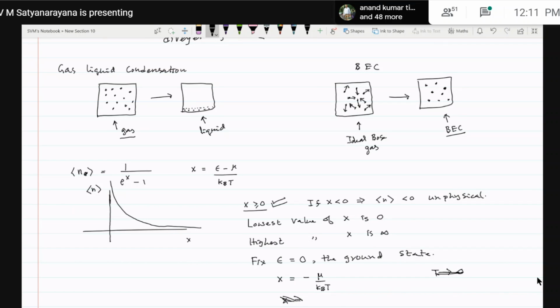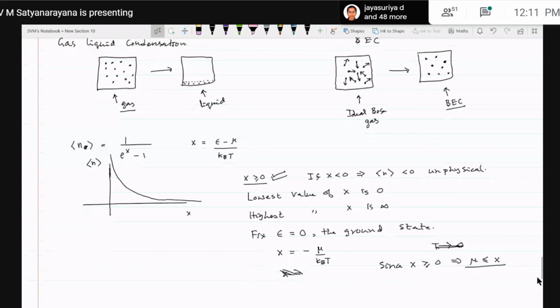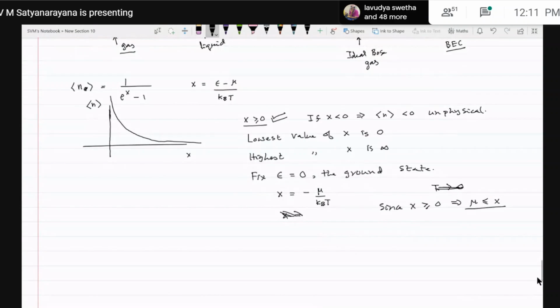Because x has to be greater than or equal to 0, this implies mu has to be less than or equal to epsilon. So if epsilon is 0, then mu has to be less than or equal to 0. So the maximum value of mu is equal to 0.